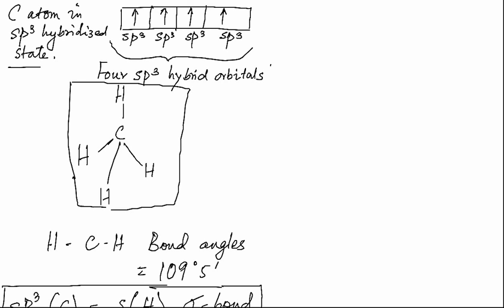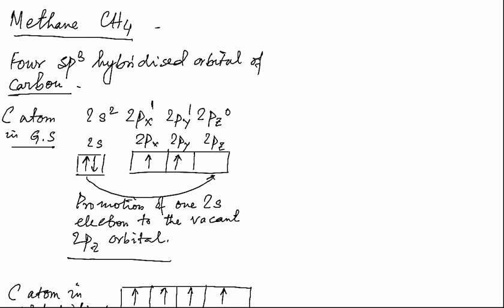Now, we have already discussed the bond formation in methane. Just like methane, we can also describe the bond formation in the ammonia molecule with the help of sp3 hybridization. We can say that in ammonia, the nitrogen atom, like the carbon in methane, undergoes sp3 hybridization.